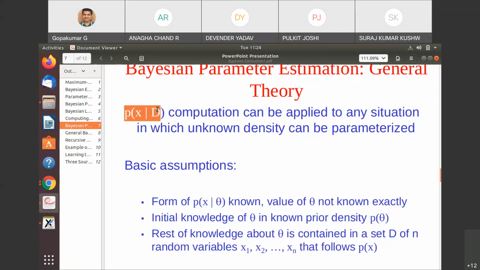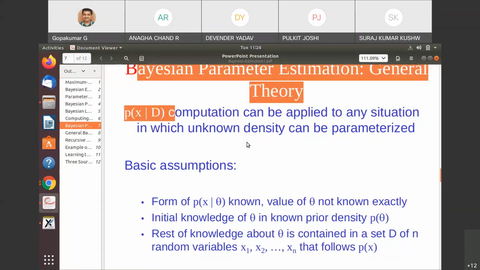That is the Bayes formula, but now we look only into the probability of x given D. Given the training data set, what is the class conditional density, with respect to each category?